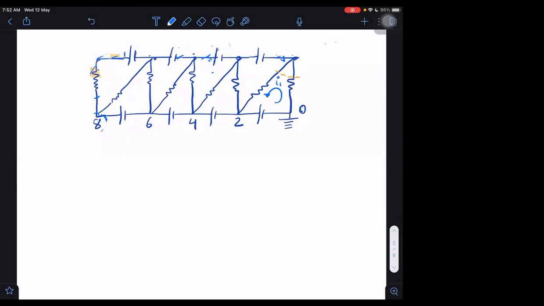I1. The current in the second loop I will assume to be I2. In the third loop, I3, I4, I5, I6, I7, I8.